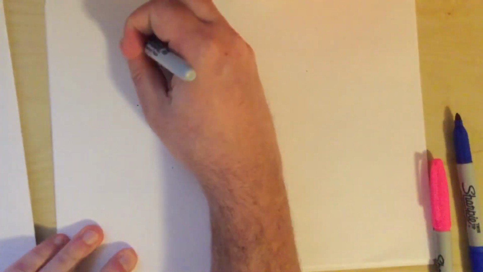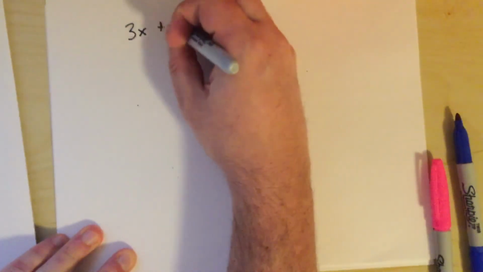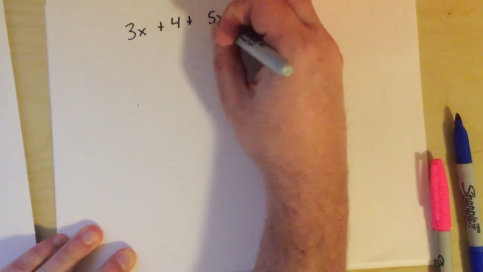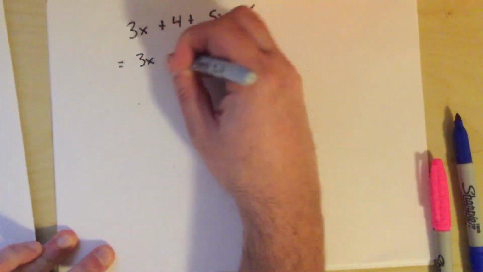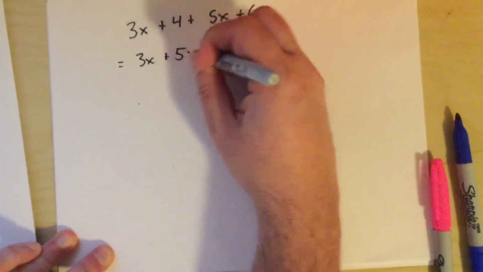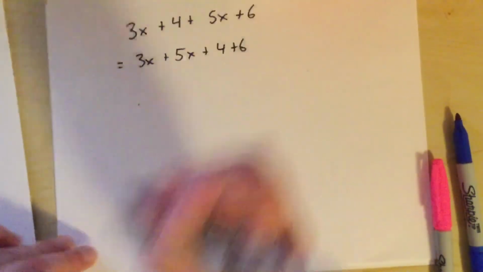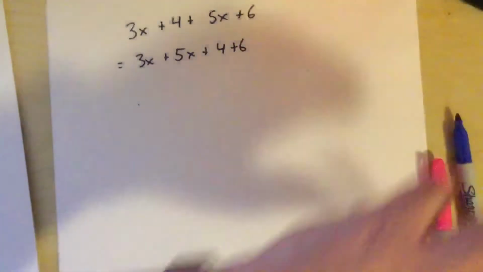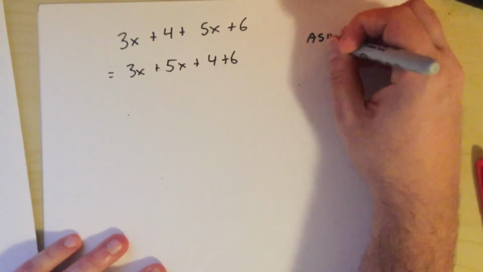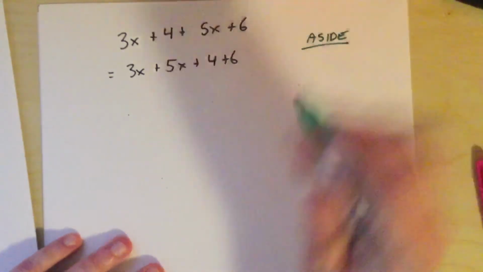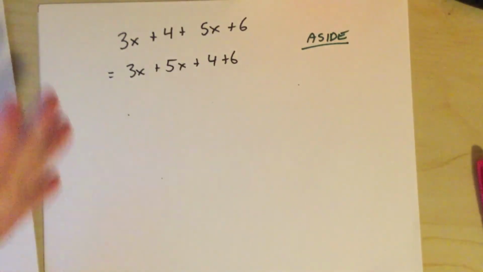So we have 3x plus 4 plus 5x plus 6. And so we brought it together. So the second step is fine. And then what you could do is kind of an aside. If you wanted to do some calculations, but they're not really equal to the whole equation, you could do it on the side.